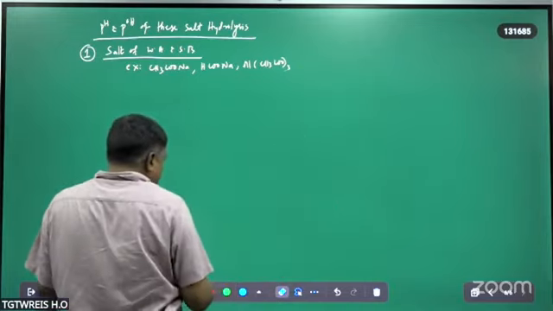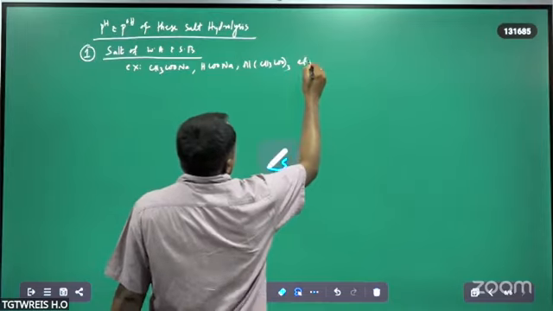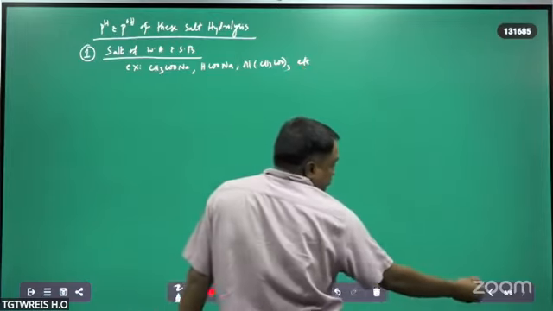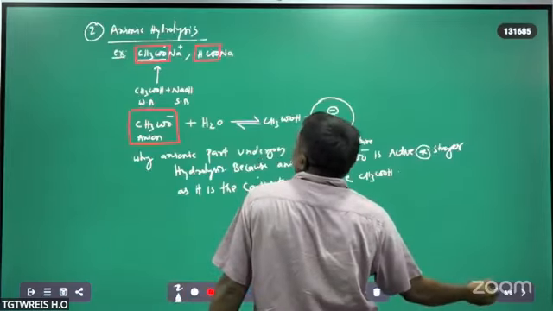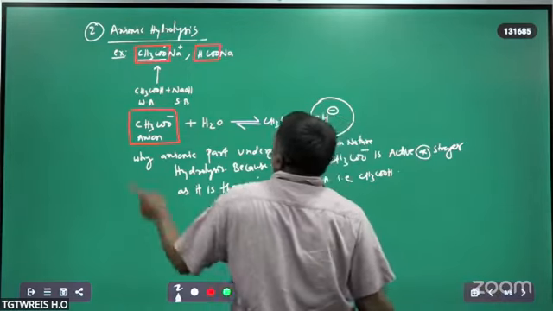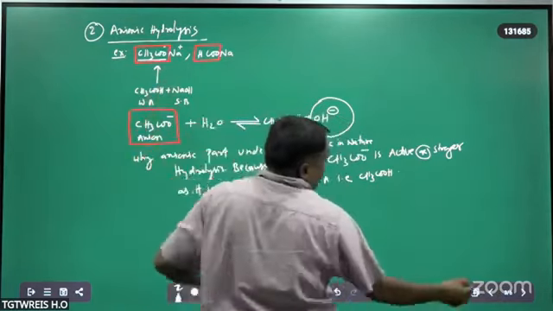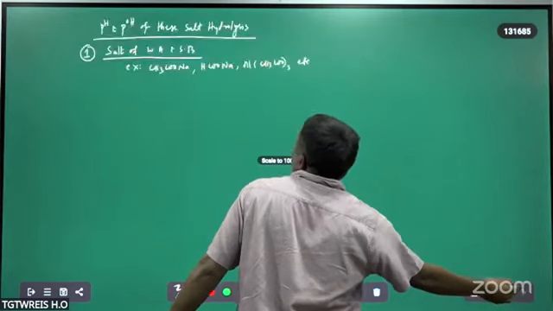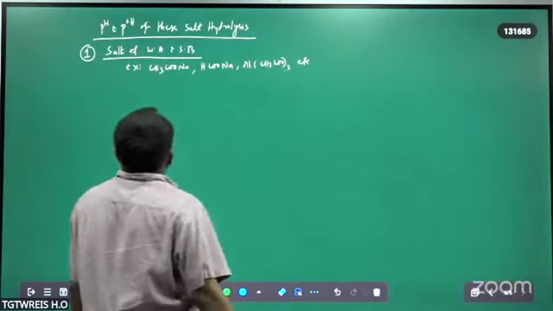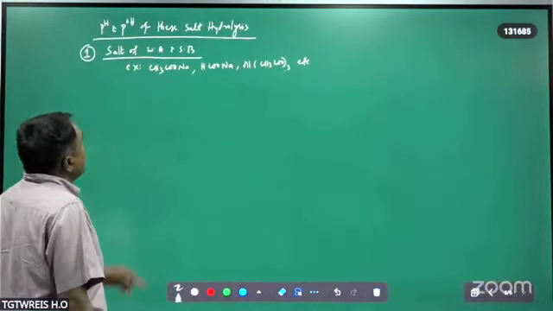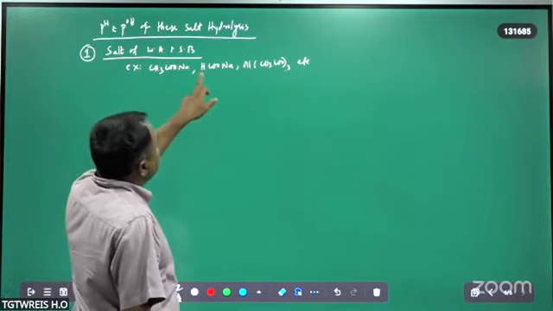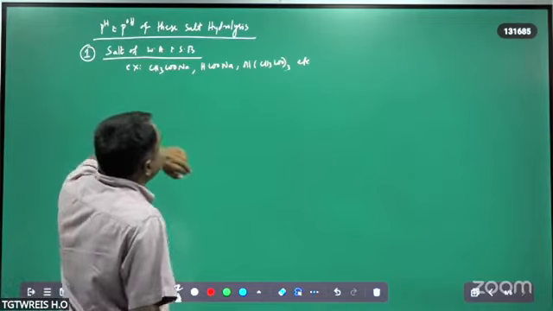So these are the salts. Salt of weak acid and strong base hydrolysis: examples are CH3COONa, HCOONa, aluminium acetate, etc.